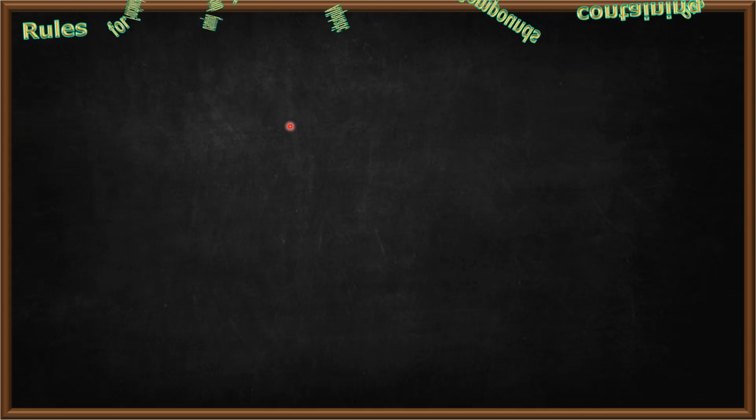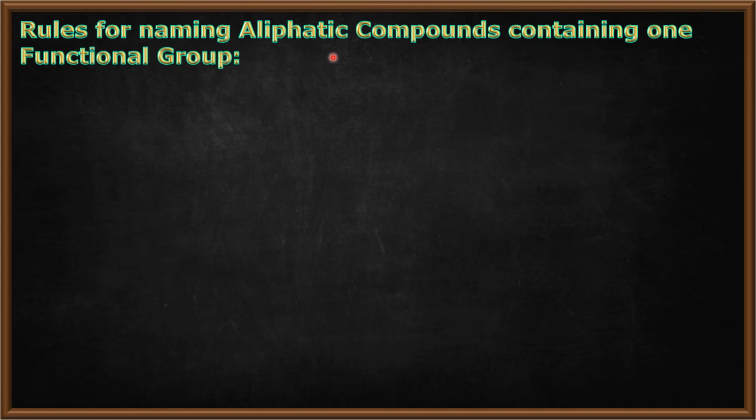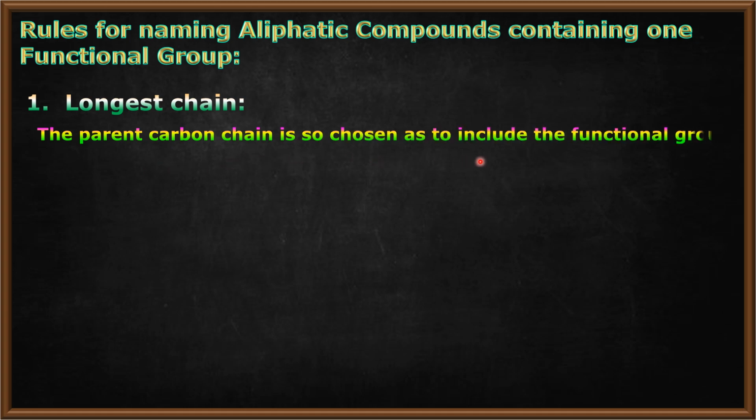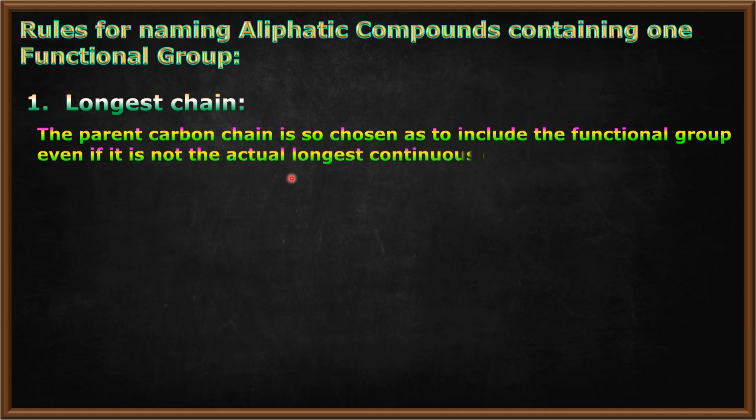Here are the rules for naming aliphatic compounds containing one functional group. The first rule is the longest chain rule. The parent carbon chain is so chosen as to include the functional group even if it is not the actual longest continuous chain. Example, see here.